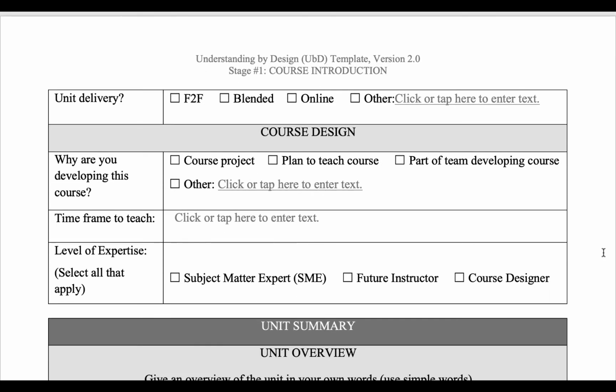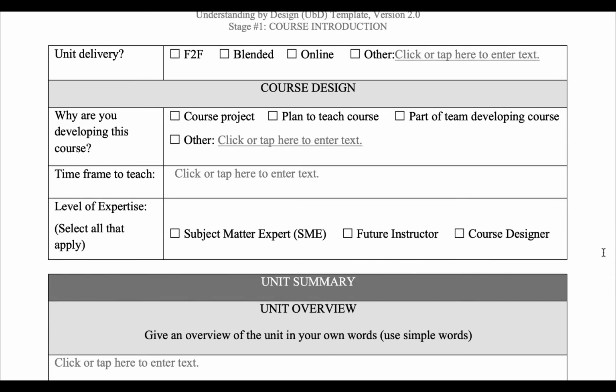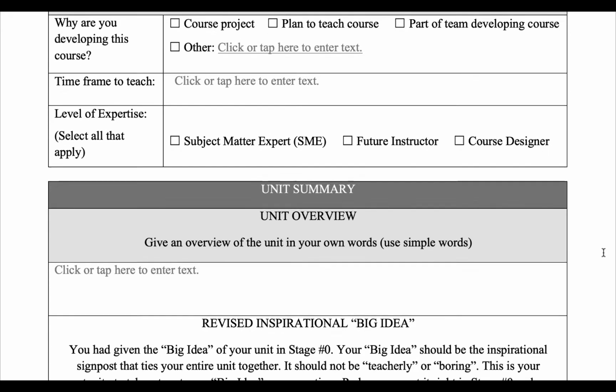Next, we find the unit delivery, the time frame, and the instructor's level of expertise. So those are the big high-level parts of Stage 1.